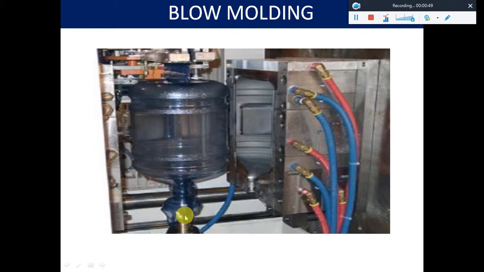At the bottom you can see a small nozzle where the gas will come, and the Parison, the molten gel-like plastic raw material used for making this water bottle, is blown with the gas passed through this nozzle. According to the shape of the surroundings, the bottle will get blown up. So this is one of the best examples where we can use blow molding.